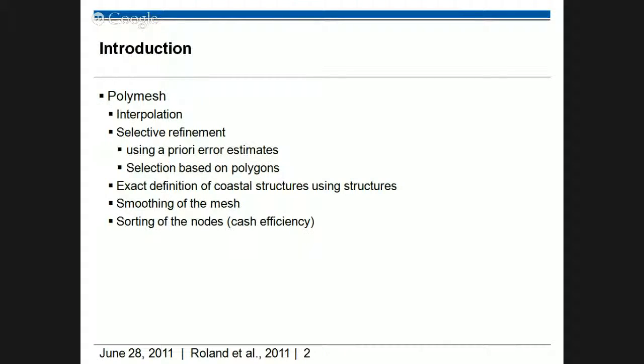Polymesh is an interface for a software used in all these programs, usually called Triangle, which is a library to make triangle meshes. What Polymesh does is define the criteria that set the shape of the triangles, read the bathymetry, and do some interpolation and all that.